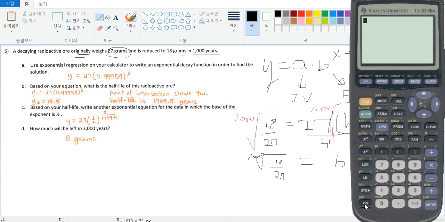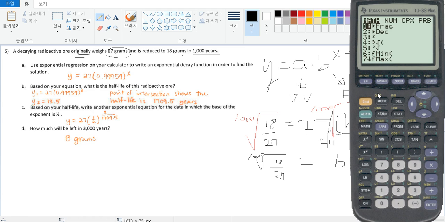So now we can use our calculator to find the value of b. I'm going to turn it on. How do you do the 1,000th root in the TI-83 or 84? It's a TI-83 Plus. If you do second and x squared, it gives you the square root.